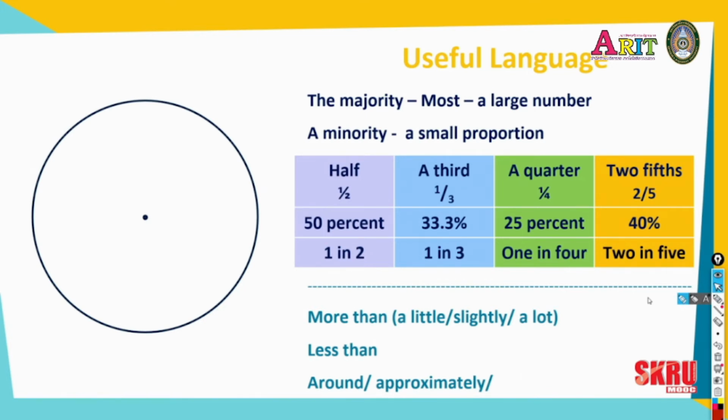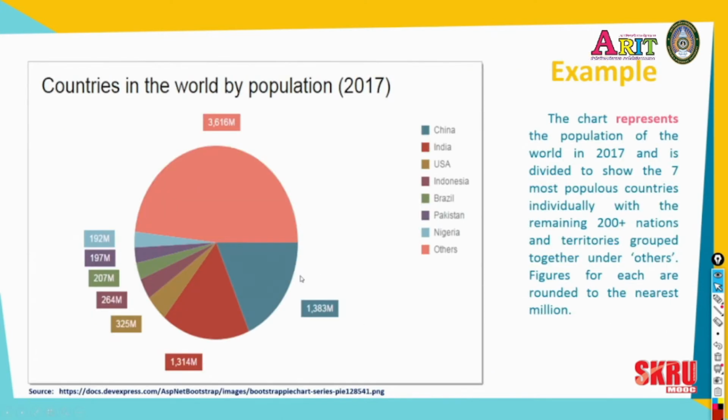Let's take a look at an example of how that works in reality by, again, looking at a chart of the countries by world population. You can see the largest segment here is others. That means every other country.